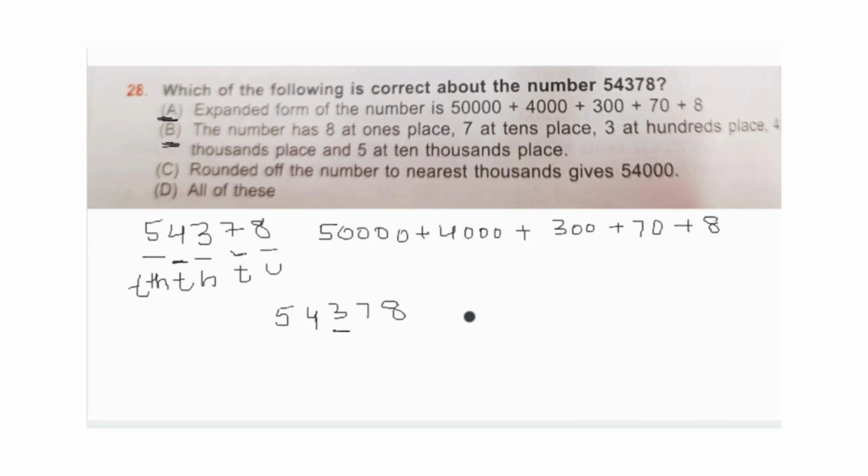When a digit is less than 5, we round it off to the smaller number, which is 54,000, which is also true. So options A, B, and C all are true. That gives us the correct option as D, all of the above.